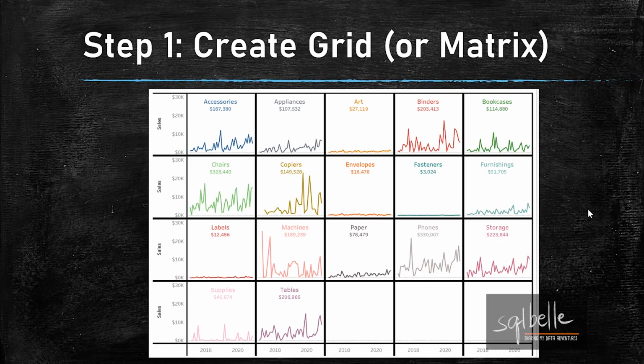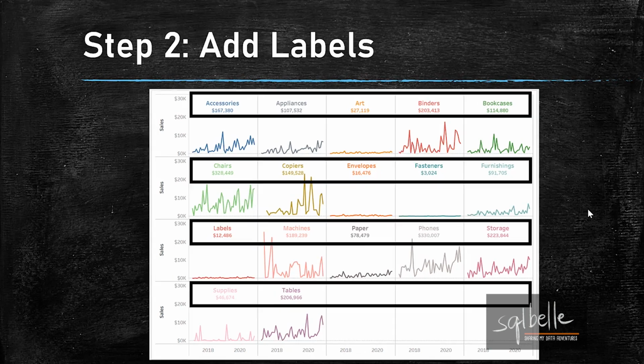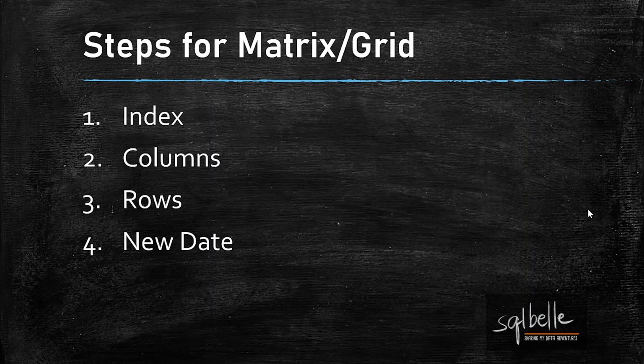There's two general big steps. The first one is we need to be able to create the grid or the matrix. The second step is we want to be able to add labels so that we know exactly what we're looking at. Each of the bigger steps have smaller sub-steps though. To create the matrix or the grid, we have to create a few calculated fields.